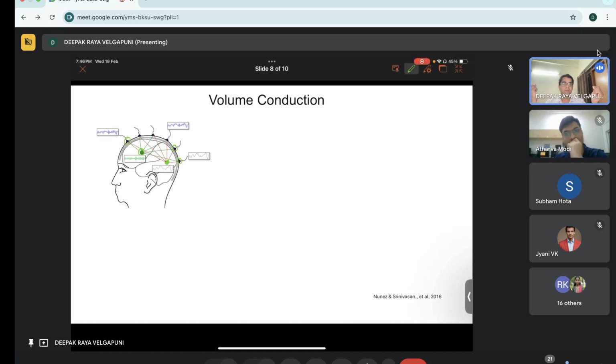So with fMRI you get a good spatial resolution, while with EEG there are also a few techniques which are useful to localize the source of EEG. This is called the source localization problem. Although it's an ill-posed problem, what is meant by ill-posed we'll take later.